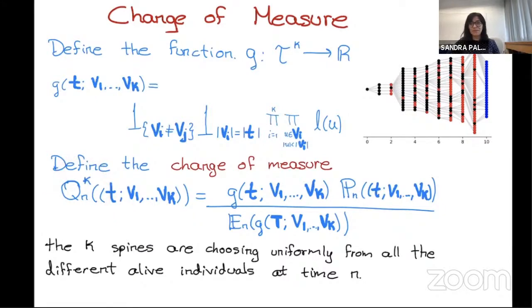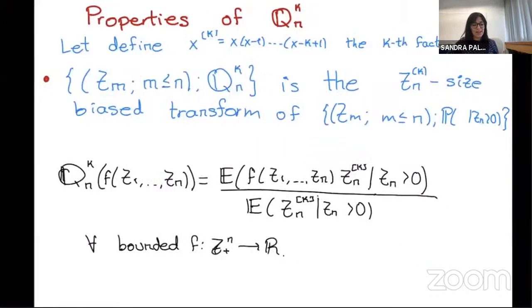Well, the first one is that if I denote by x_(k) the k-th factorial of x, that means x times (x minus 1) up to (x minus k plus 1).